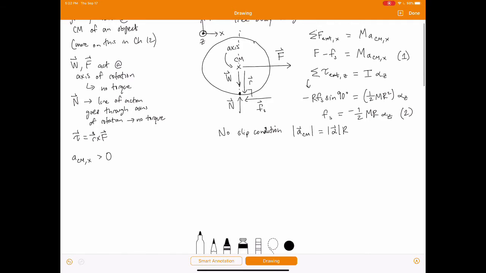But if we think about the angular acceleration, alpha z, that's actually negative because here, what kind of rotation is happening? This type, this clockwise sort of rotation. And that corresponds to a negative value of alpha. The point is, these two have opposite signs.